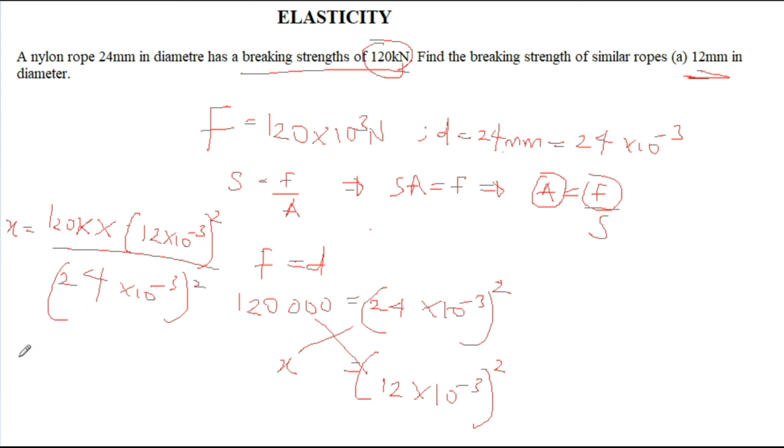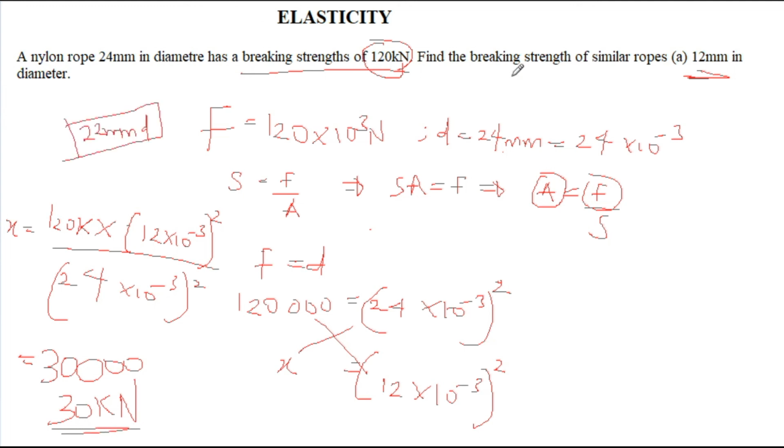That will give us 30,000, which is the same thing as 30 kilonewton. That is it for 12 millimeter diameter.